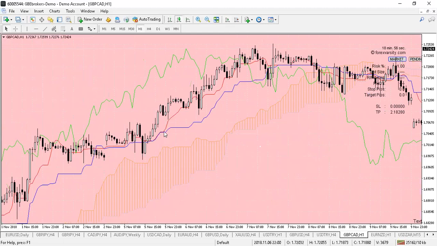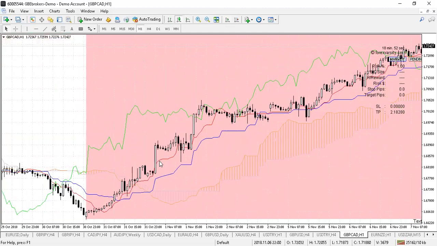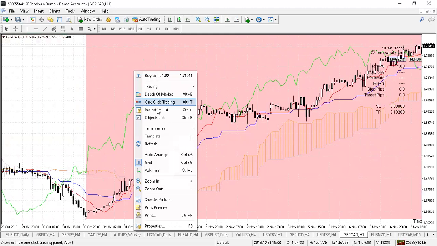So you're looking at when the red and the blue lines cross, or alternatively, when they have already crossed and then the price breaks up above the cloud. So you've then got all the conditions met. And the nice thing about that is that it sometimes gets you into trades that you wouldn't be able to take on the ABC strategy.